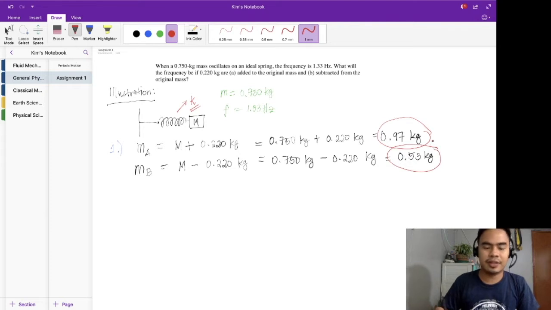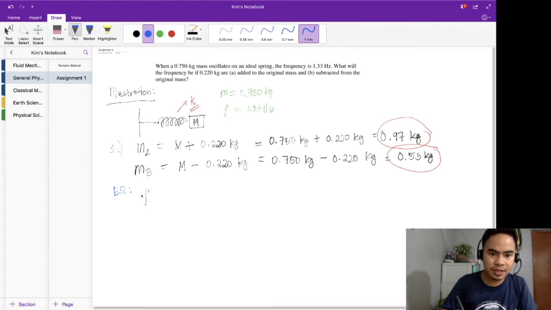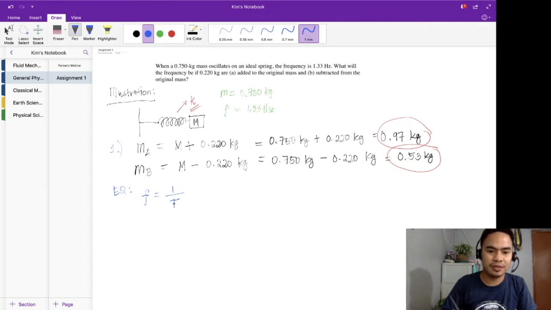So as I've said earlier, one approach of solving this problem is to find first the force constant K of the spring, and then you go on with the equations that you know. But I will show you first the equations that we are going to use here. I think you remember in class that the frequency is just the inverse of the period.